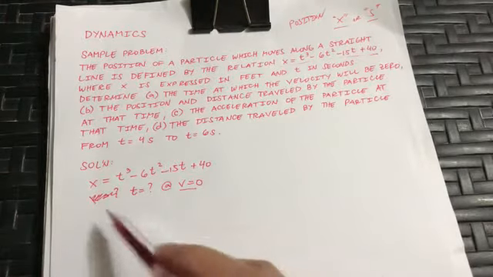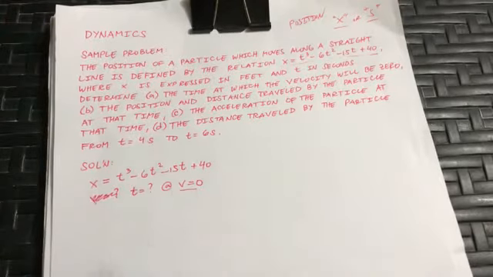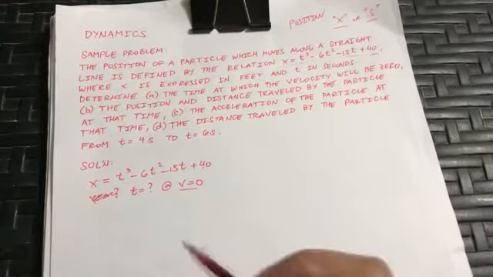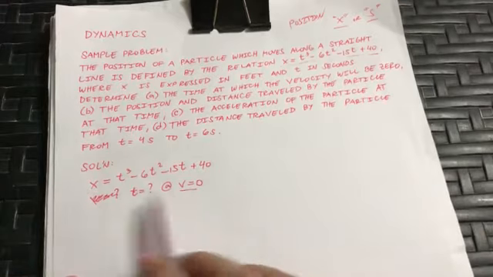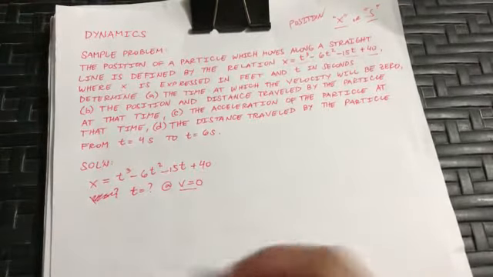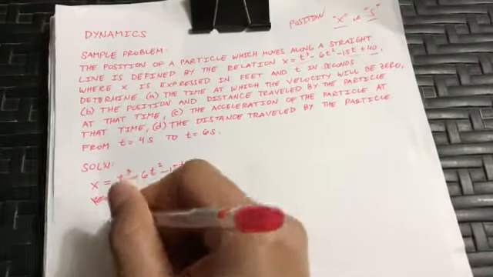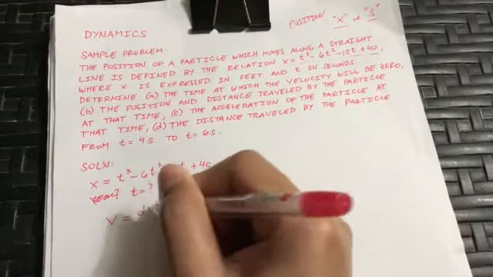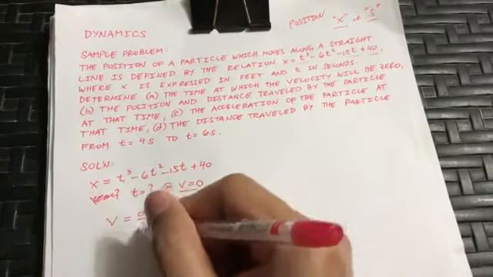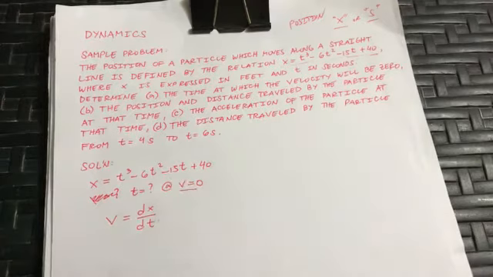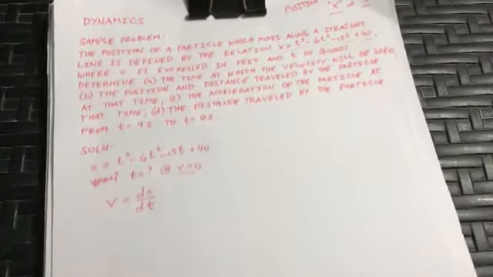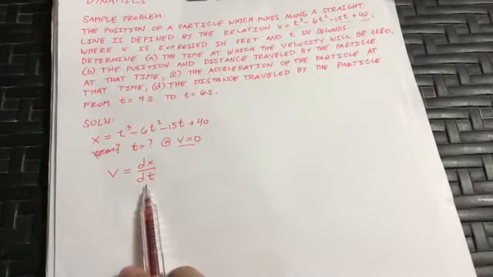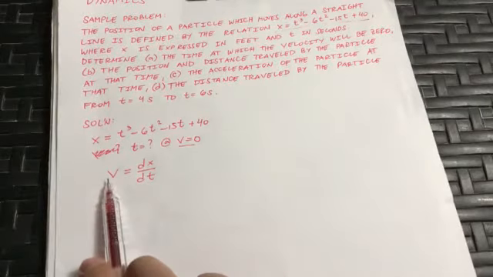Now, we know the relationship between velocity and position. We know that velocity is the first derivative of position with respect to time.